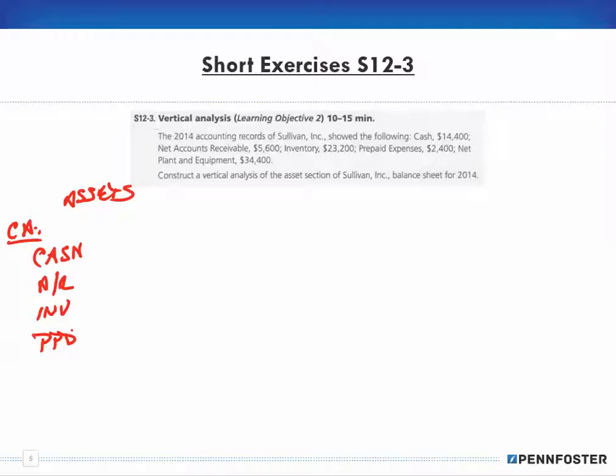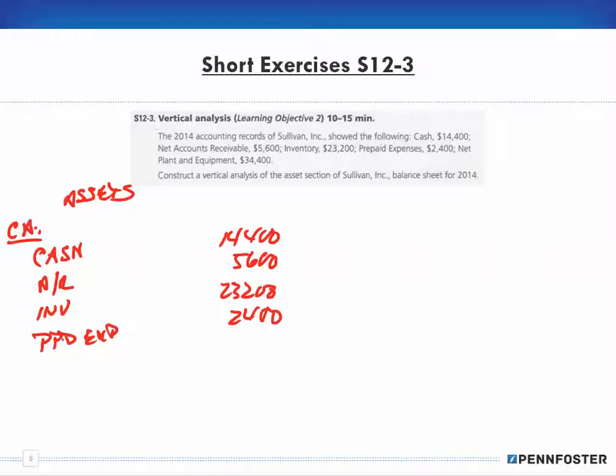expenses. So my cash is 14,400. My receivables are 5,600. My inventory is 23,200. And my prepaid is 2,400.